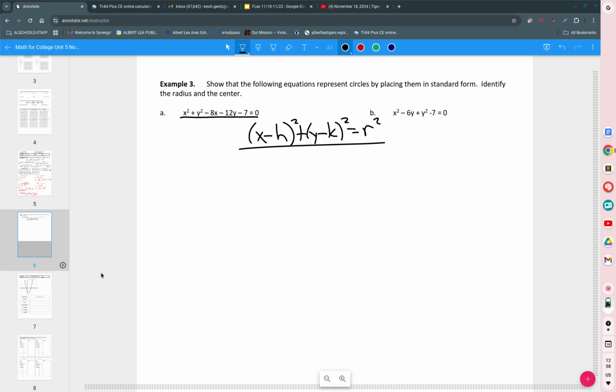So in order to put it in this form, I'm going to gather my x's together, and I'm going to gather my y's together. So the x squareds are gathered, and the negative 8x is gathered, the y squared is gathered, negative 12y is gathered. I'm going to add the 7 over to the other side.